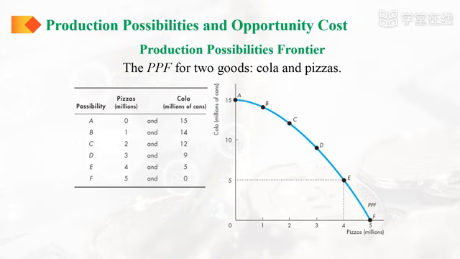This figure shows this production possibilities frontier. The table lists the combination of the quantities of pizza and cola that can be produced in a month, and the figure graphs those combinations. The x-axis shows the quantity of pizza produced, and the y-axis shows the quantity of cola produced.